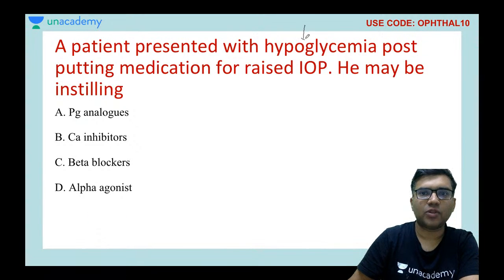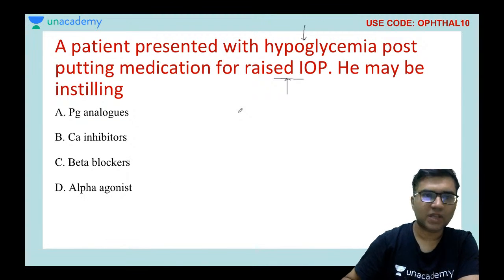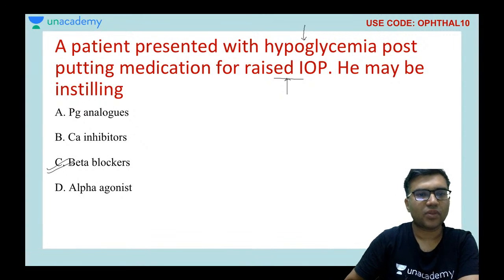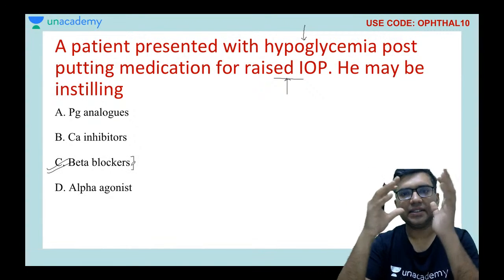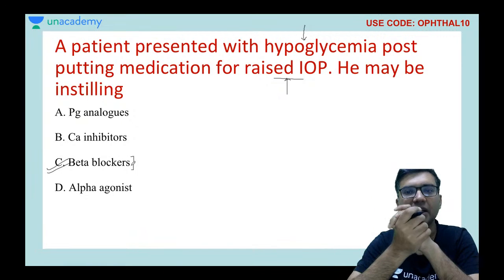So we have hypoglycemia and raised IOP for which we are using the medication. The answer here would be C, that is beta blockers. Remember, beta blockers like timolol can be used for glaucoma, but they have some undesirable side effects.